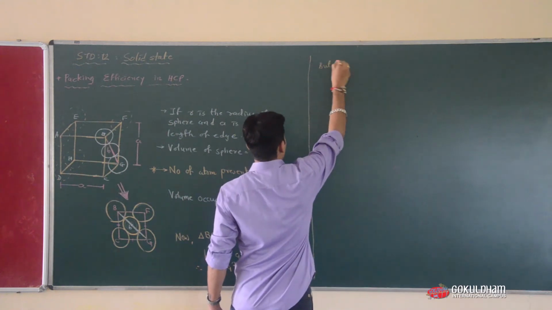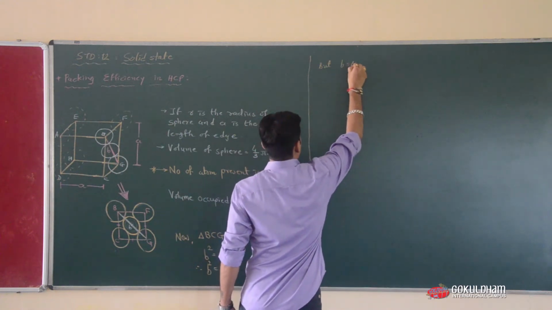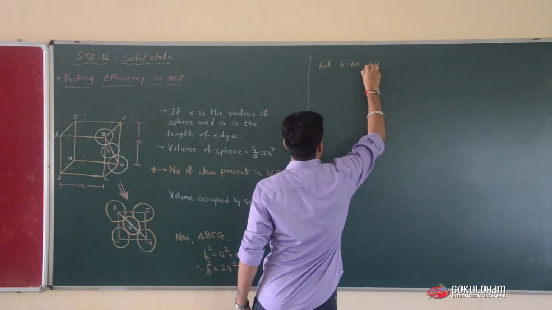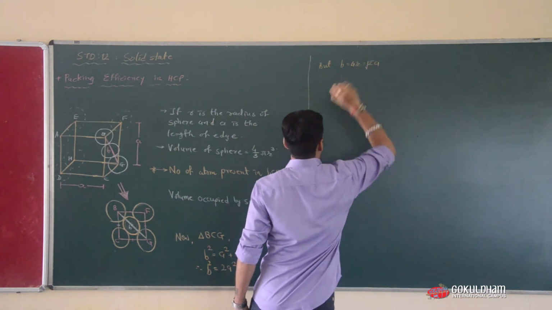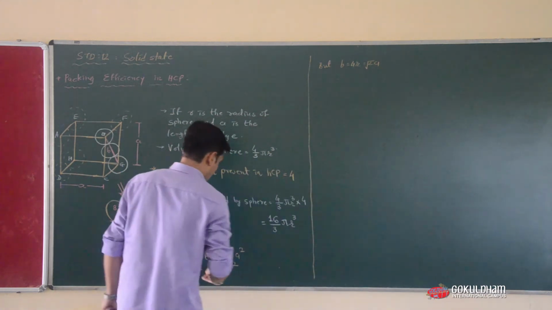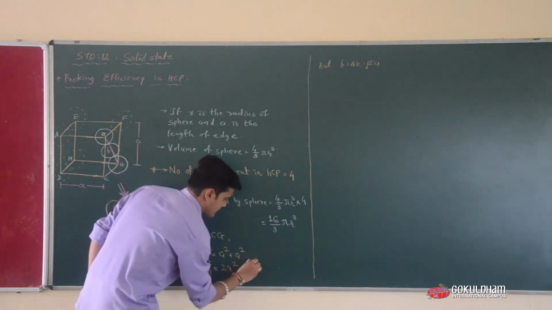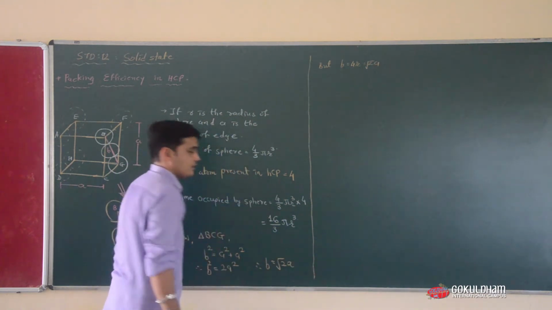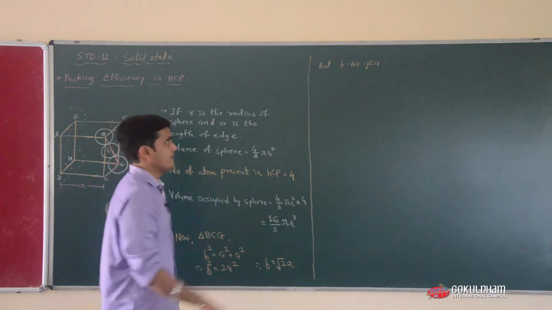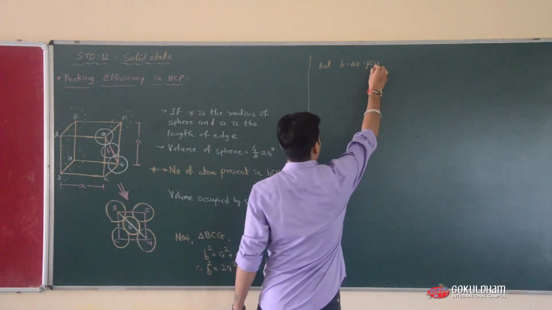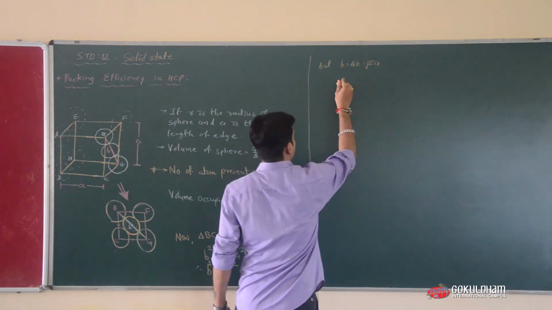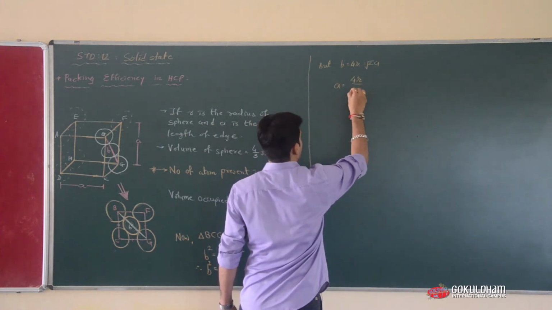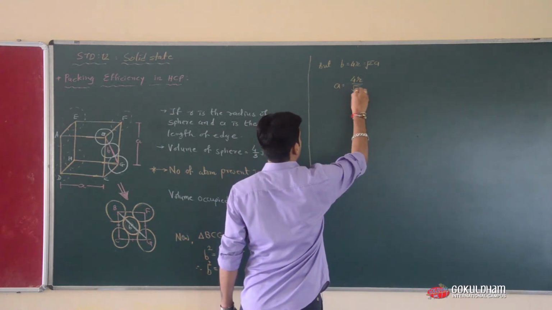So b is equal to 4r is equal to under root 2a, because b square is equal to 2a square, therefore b is equal to under root 2 a. So we can calculate a is equal to 4r upon under root 2.